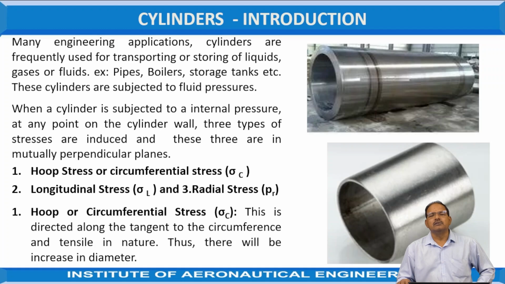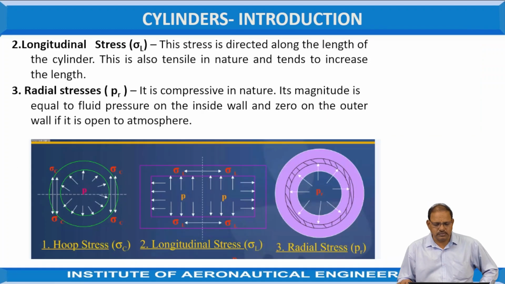These three stresses are, one is hoop stress, also called circumference stress, the second one is longitudinal stress, and the third one is radial stress. The hoop stress or circumference stress is directed along the tangent to the circumference of the cylinder, tensile in nature. Thus, due to the effect of hoop stress, the diameter of the pipe or shell increases.